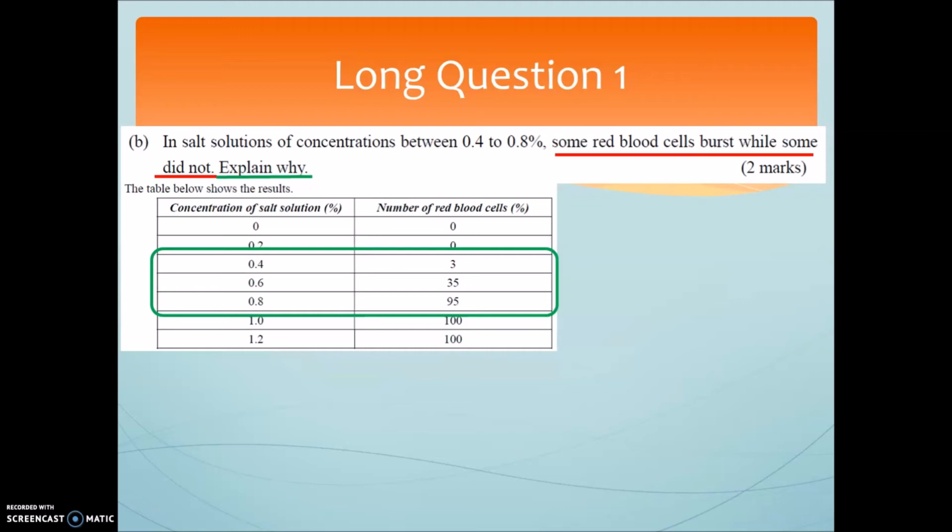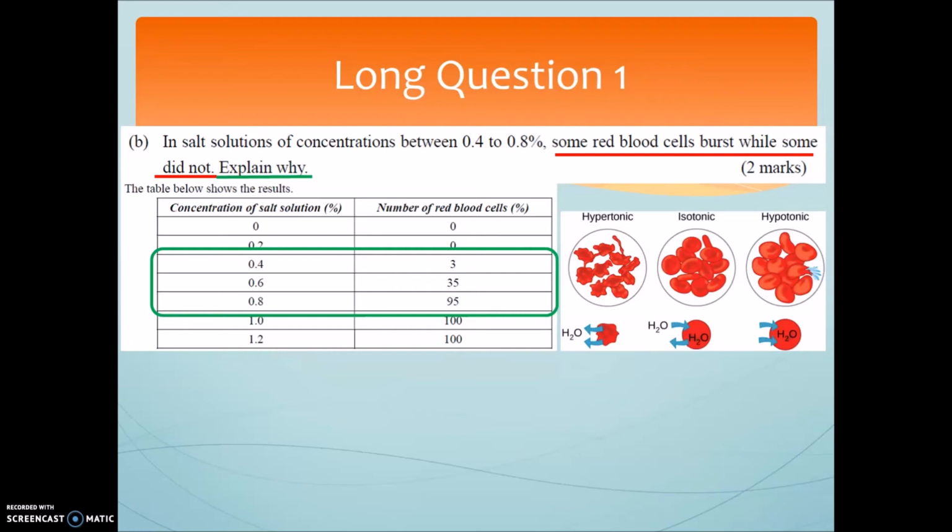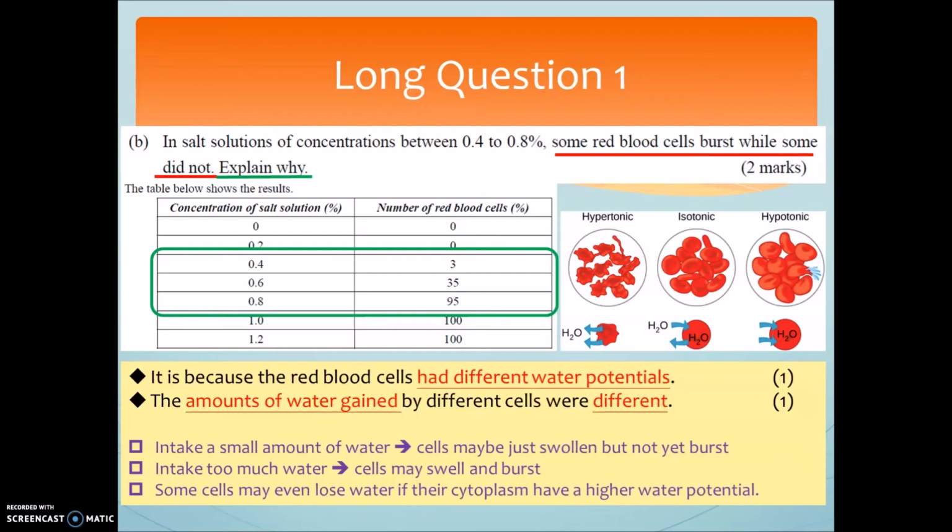Okay, so if we follow this logic, the answer will be extremely easy, because different red blood cells have different water potentials. That's why the amount of water gain will also be different. Some red blood cells may take in just a small amount of water. They will be swollen, yes, but they may not burst.